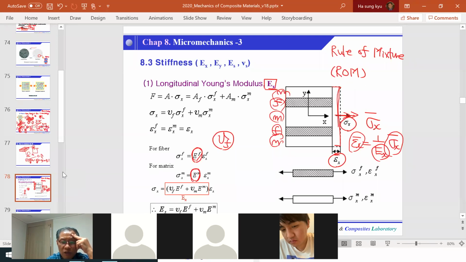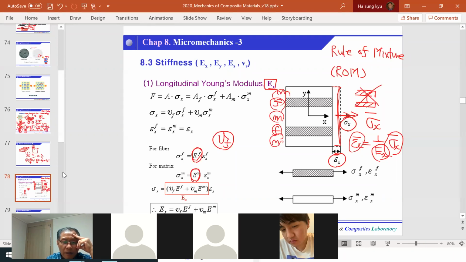They expand together. They cannot deform like fiber this much, resin this much, and fiber this much. No way. This cannot happen. All the fiber and all the resin are deformed together in extension. This is the most important observation in composites.